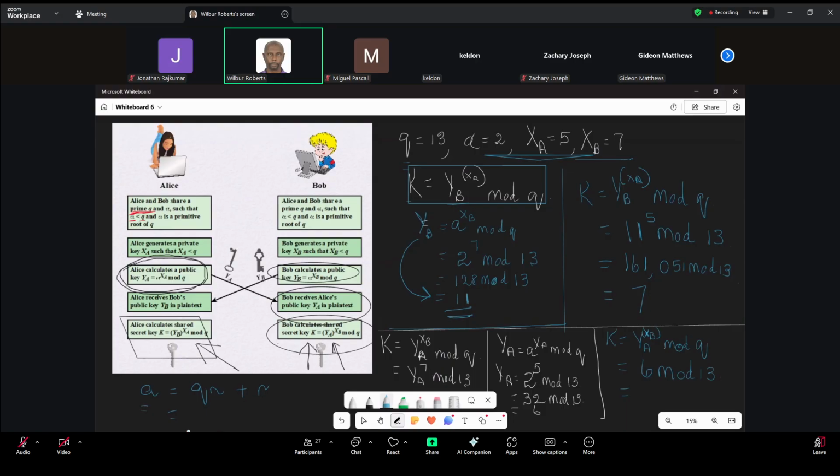So A is equal to Q by N plus R. Okay, so if we don't do it that way, how do we do it? We say 13 into 6 is what?